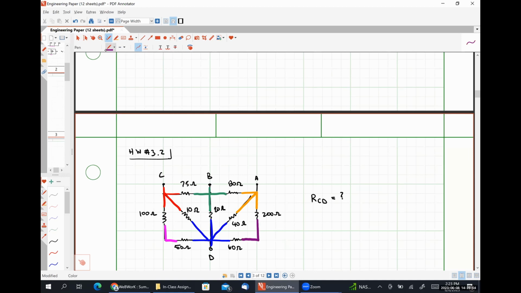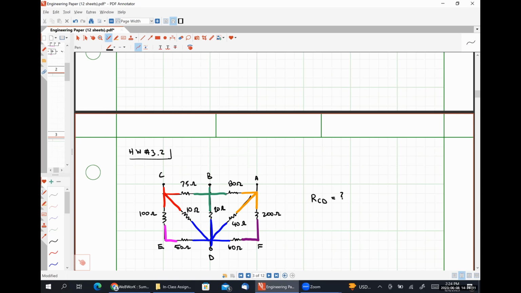So 4 of my nodes already have labels, so I'm going to leave them alone. And the 2 nodes that I don't have labels for, I'm going to assign them one. So I'm just going to call this guy over here E, and this guy over here F.